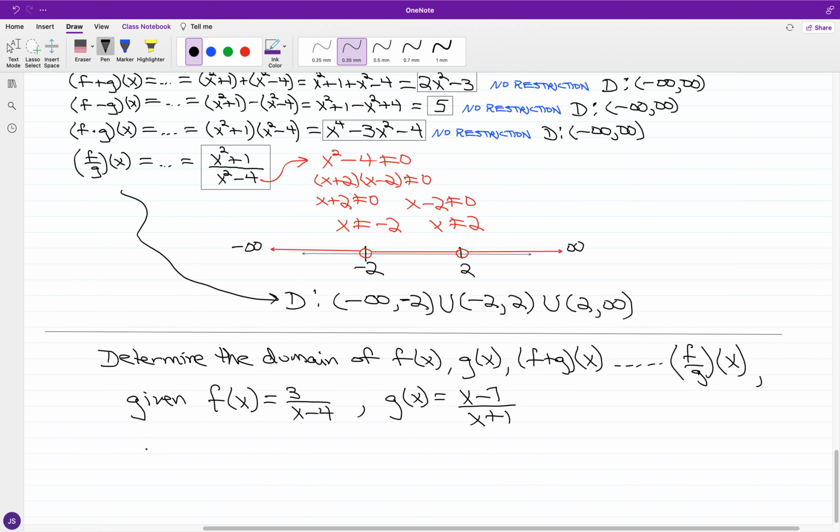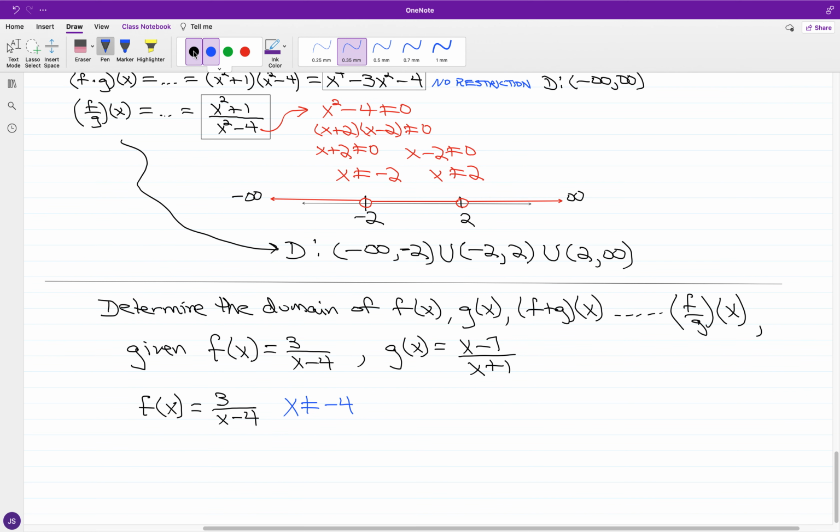Okay, so just starting out, for f of x, you have 3 over x minus 4. Just for the restriction, x minus 4 cannot be 0. So x cannot be 4.